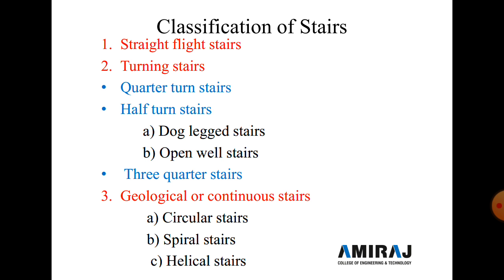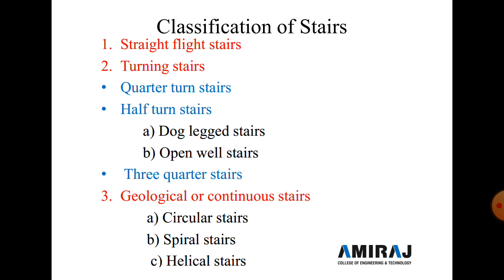Now next is the classification of stairs. Here stairs are generally classified into three parts. First is the straight flight stair, second is the turning stair, and third is the geometrical or continuous stair. The straight flight stair is generally used in residential and commercial buildings. Then the turning stair includes the quarter turn stair and the half turn stair.